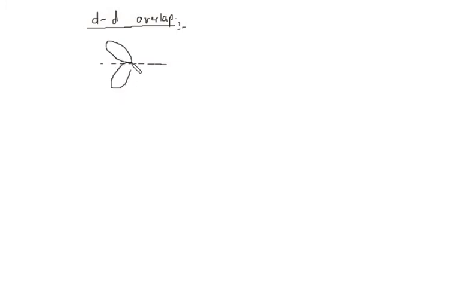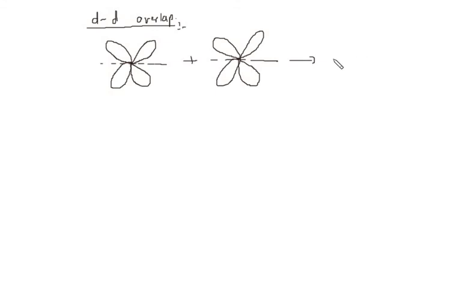So this is one of the d orbitals, and there will be another d orbital, which is this, and they're going to overlap. So this is the internuclear axis, and the overlapping will be somewhat like this. So let's draw both the d orbitals.